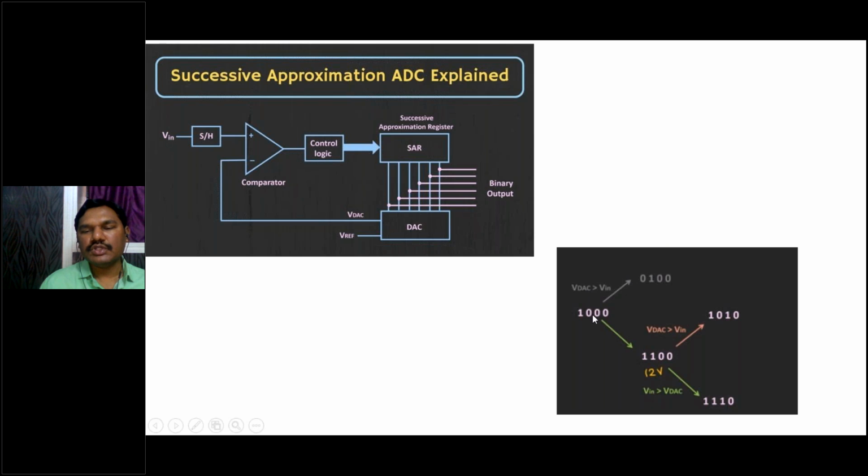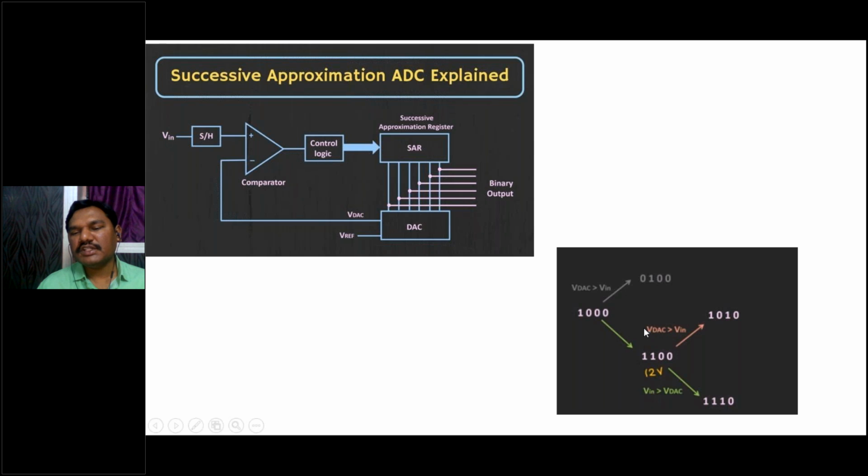Otherwise, if VDAC is less than VIN, this bit will be kept as it is, and the next bit will be set to 1. For example, now I have this input in the DAC, so this is the digital output.